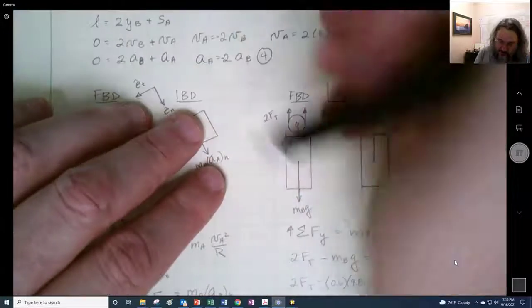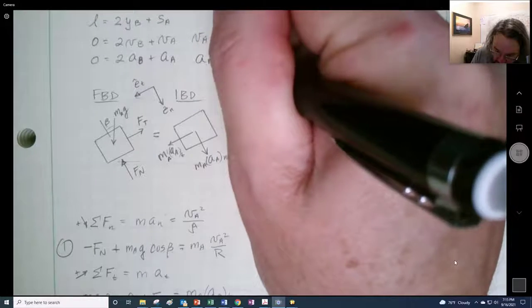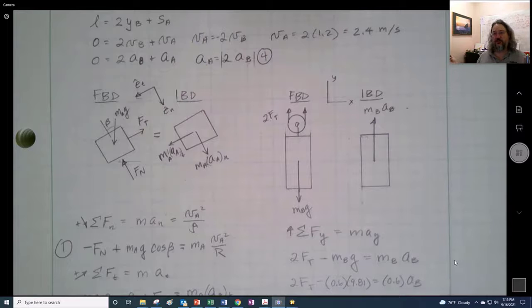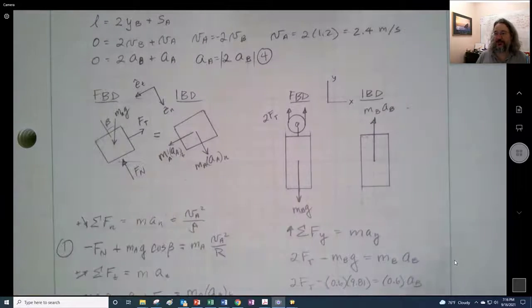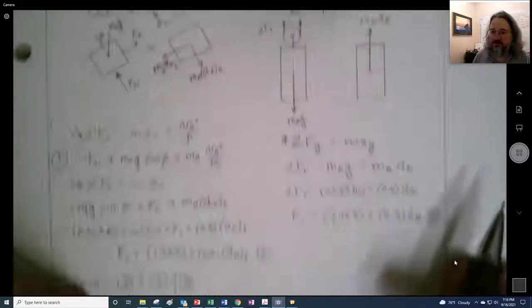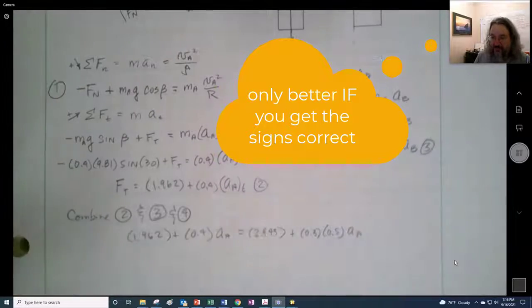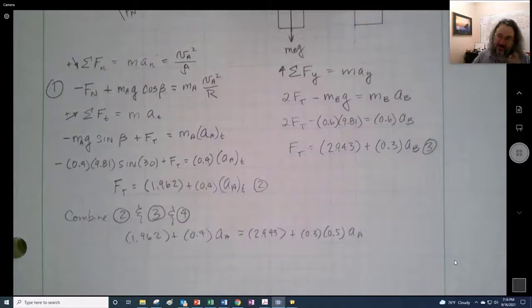I could have just as easily, and I often like to do this instead, put that in right there, just to say the absolute value, we know the magnitudes, because I've established my directions with this. If I was going to play the sign convention game, I might have chosen this is going that way. I don't know. It's something along those ways. But I think it's better to just move along this way. We have a dependent motion, and we know that the things are going opposite. When this one goes up, that one goes down, that kind of thing.